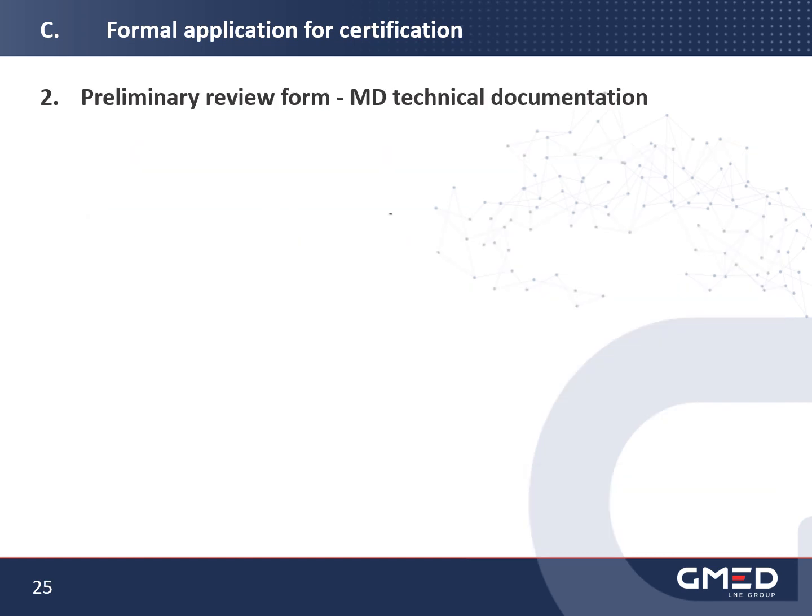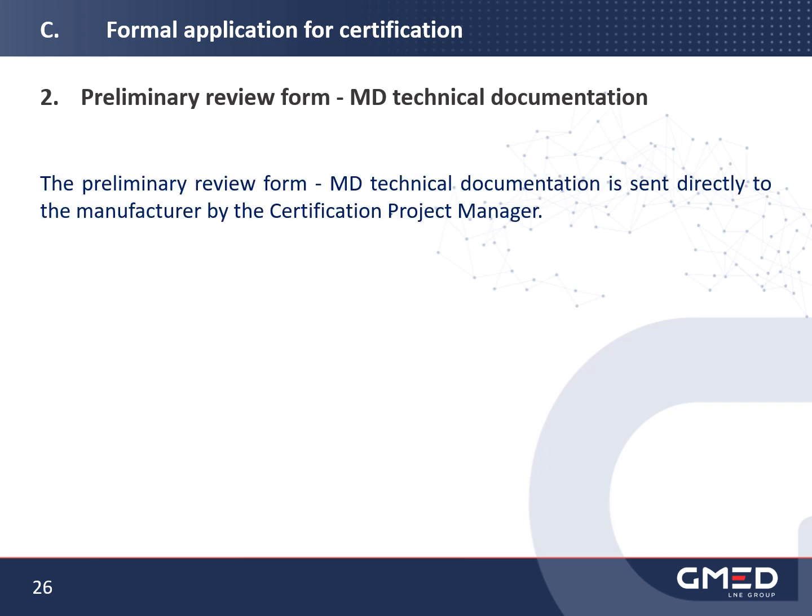Let's move on to the preliminary review form, medical device technical documentation. This form is an integral part of the formal application for certification and must be completed for each piece of technical documentation to be submitted. The form is sent directly to the manufacturer by the certification project manager when the formal certification application form is made available.